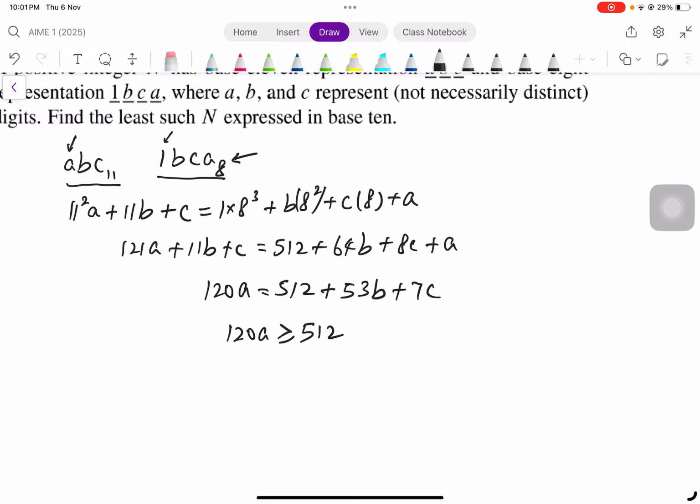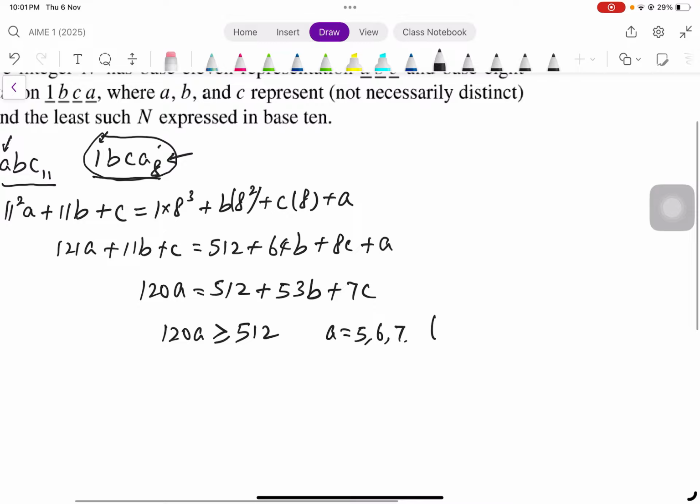Take note that your a can only be 5, 6 or 7, because this is base 8, so the digit cannot exceed 8. Therefore we do a case study, starting with a equal to 5.